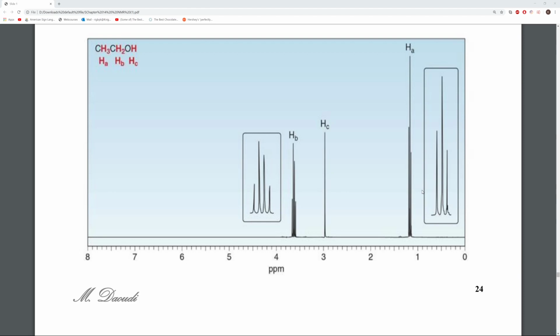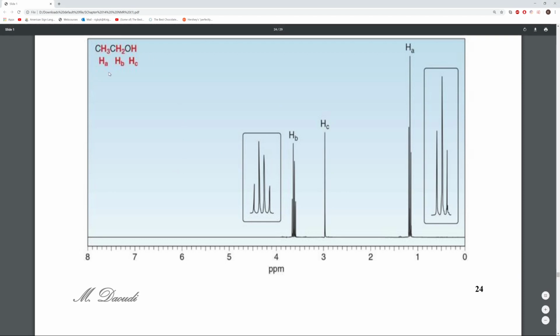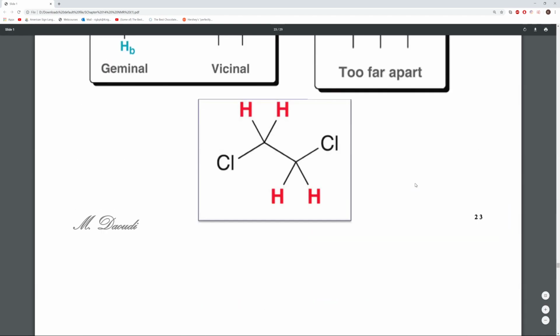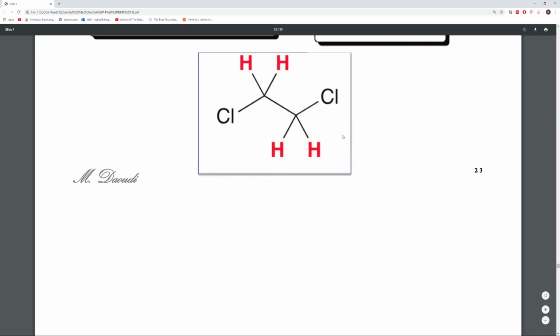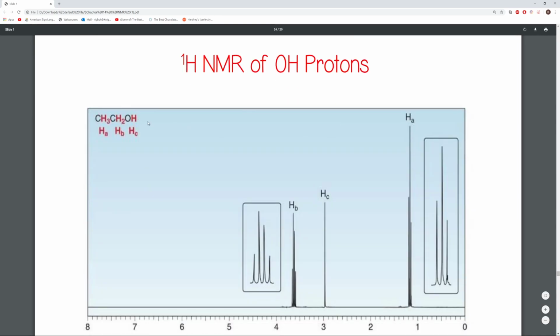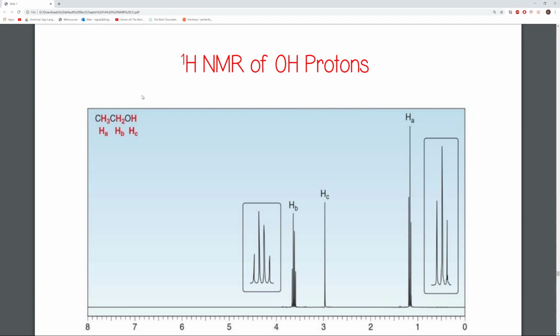So Trammy is asking how I got the different peaks for this graph. So if you look at HA, HB, and HC, I'm going to go back to the previous slide for a second. So we can see here that to be split, we have to be at least one bond apart and no more. Okay? And if we look here, that H is one bond to the O, and then that oxygen is bonded to another C. So to get to the next closest hydrogen, we have to jump 2 bonds.